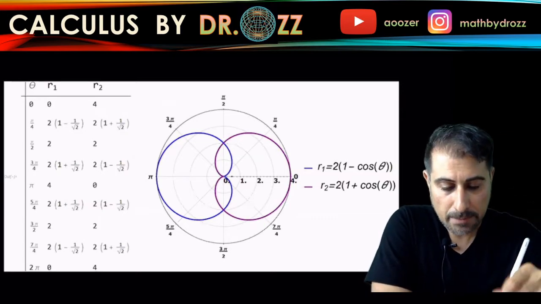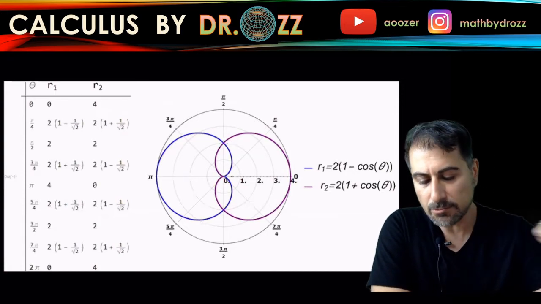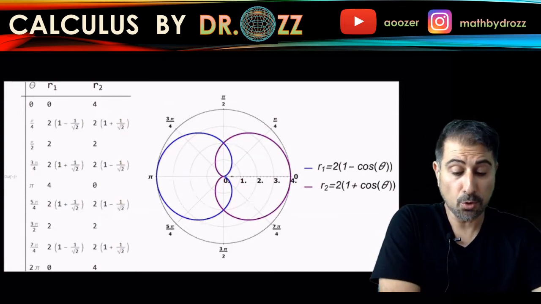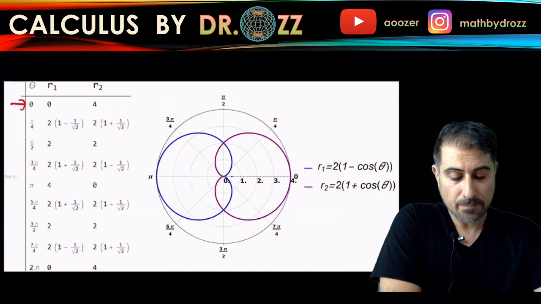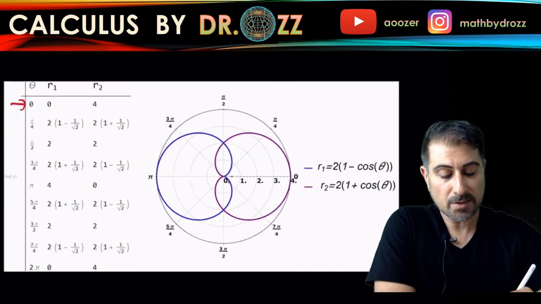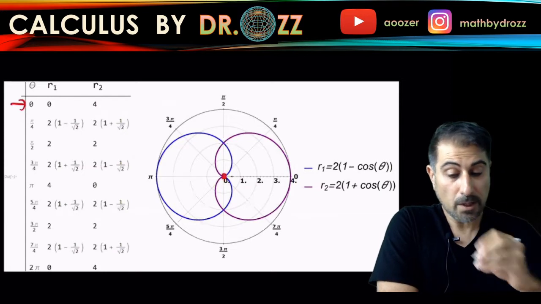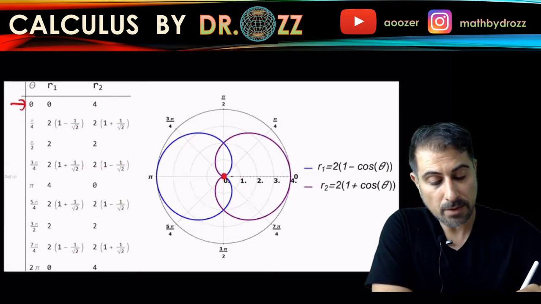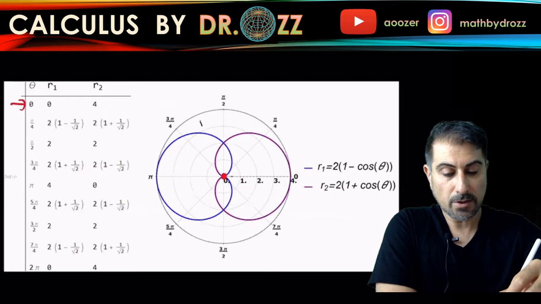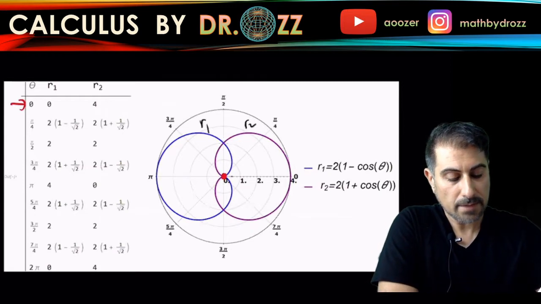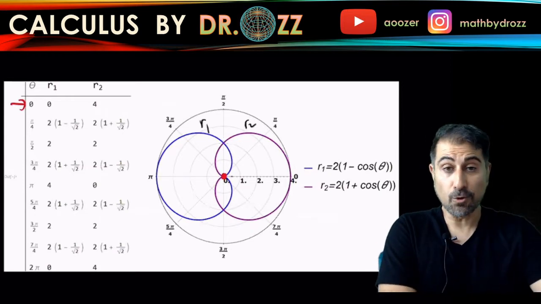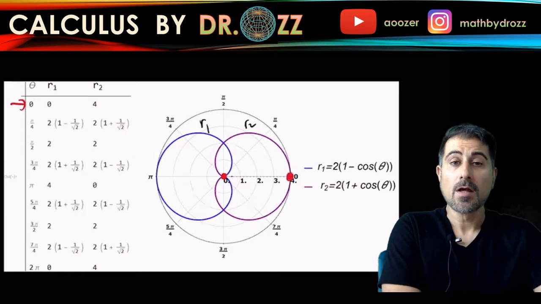For example, when theta equals 0, R1 is 0 and R2 is 4. So R1 is the blue graph, and here we start for the blue graph, right here. For R2, let me also write R1 and R2 here. We start right at the edge here because R2 equals 4 at theta equals 0. Then you can see what happens at pi over 2.